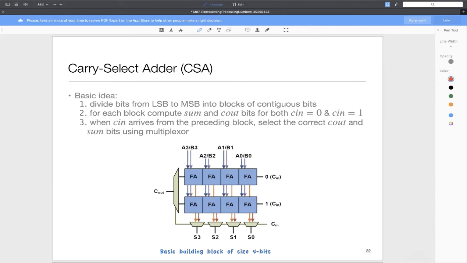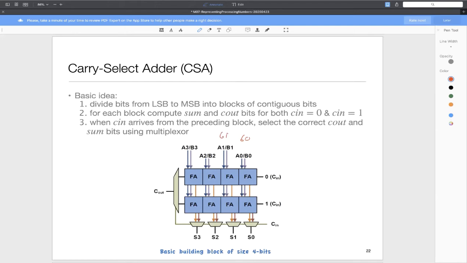Imagine I'm going to look at a group of bits. Okay, so I have to add a large 64-bit, 128-bit number, but I'm going to focus on some group of bits. In this case, it's a group of 4. So let's say it's bits number 60 through 63. From the lower side of the bits, the carry in will be either 0 or 1, right?